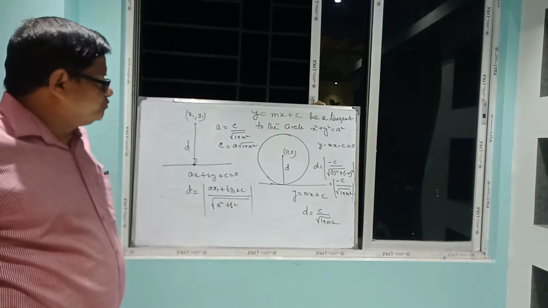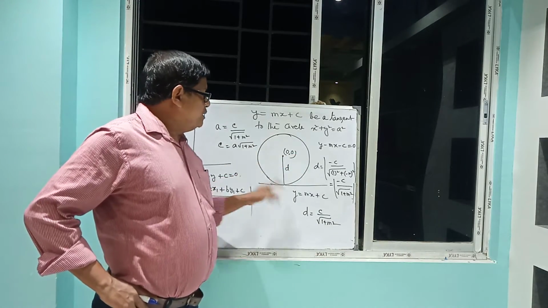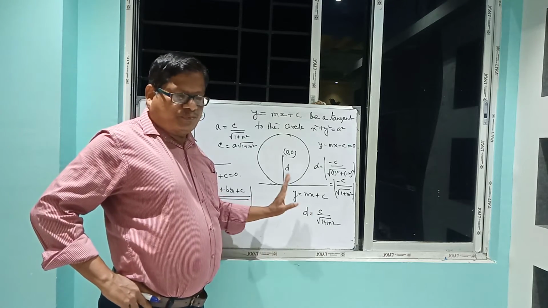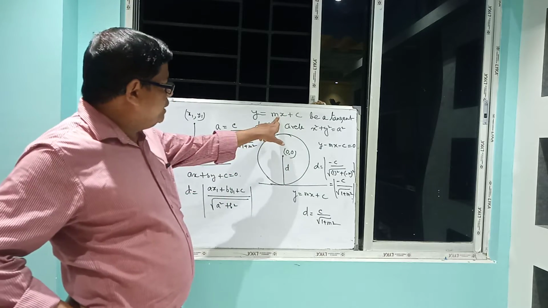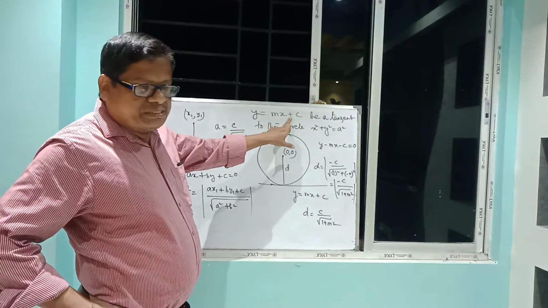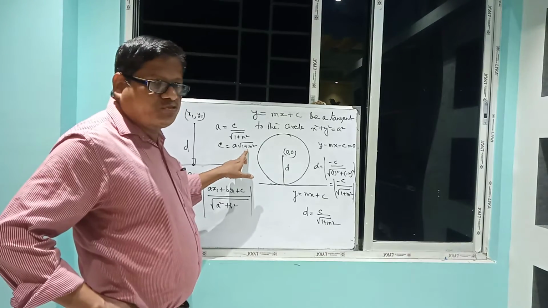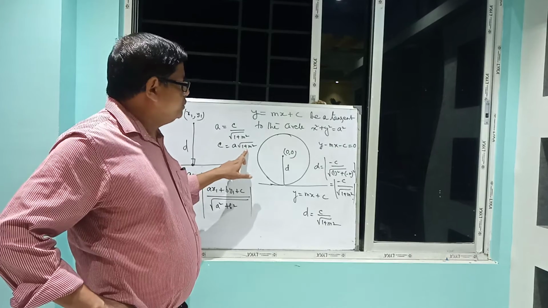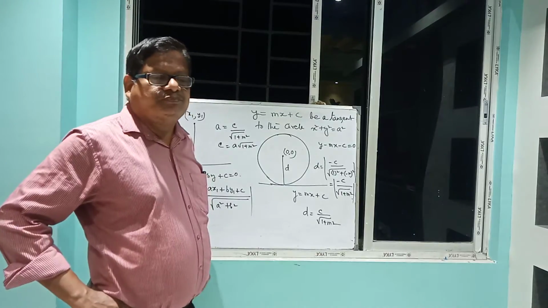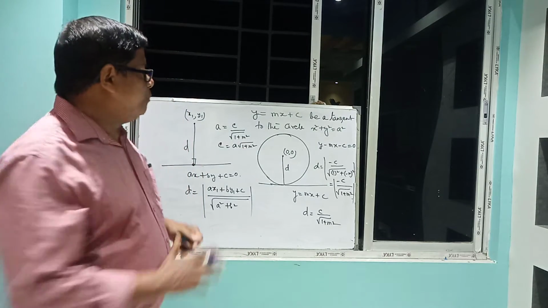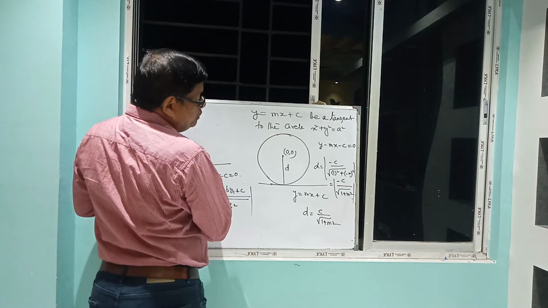Understood? C is a constant, you can also take plus minus, no problem. So for all values of m, y equal to mx plus c, where c is a root 1 plus m square, is a tangent to the circle x square plus y square equal to a square. Keep in mind, for all values of m.